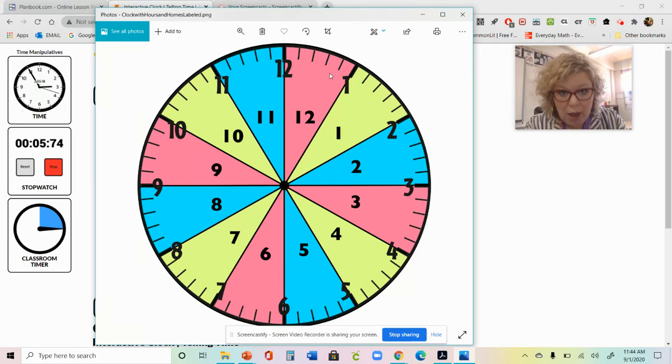That is the 12 space that belongs to it. So until that short hand actually gets to 1, it is still in the 12's room. Same thing with this 1 hour right here. If that hour hand lands anywhere between this 1 and 2, it is in the 1's room.